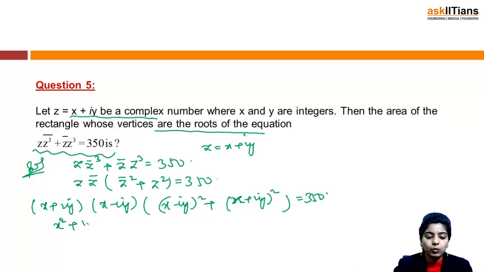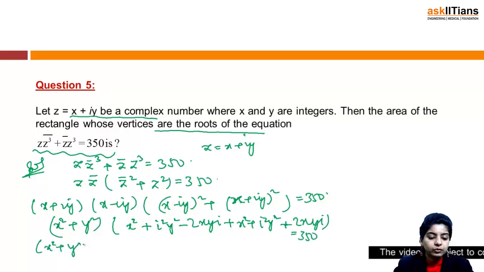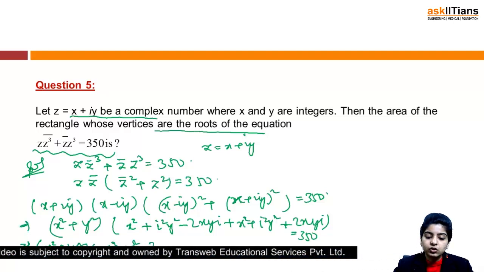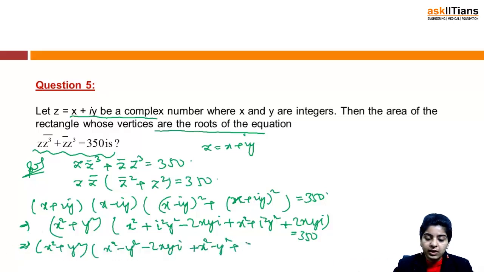This becomes x² + i²y² - 2xyi + x² + i²y² + 2xyi = 350, because i² is -1, and x² + y² into x² - y² - 2xyi + x² - y² + 2xyi is equal to 350.